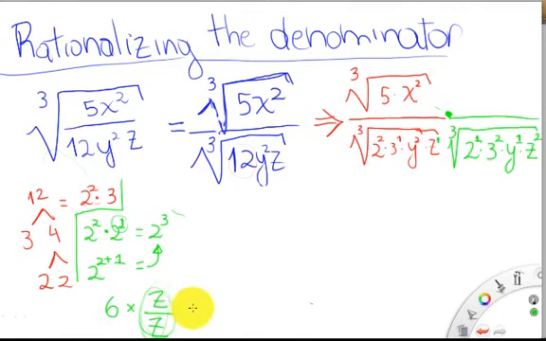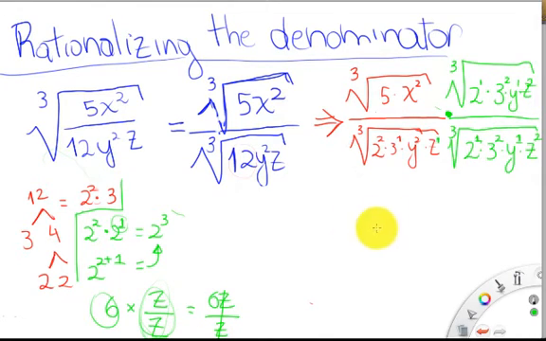Essentially what I get is 6z over z, which is 6. And that's the same thing we're doing here. We have an original expression, and so that we don't change the value, we want to multiply by something divided by something. And that's why we make the numerator the same. Whatever you got on the denominator, you're going to use in the numerator.